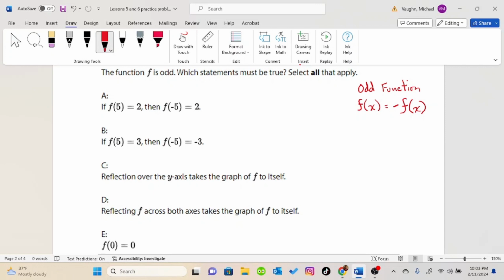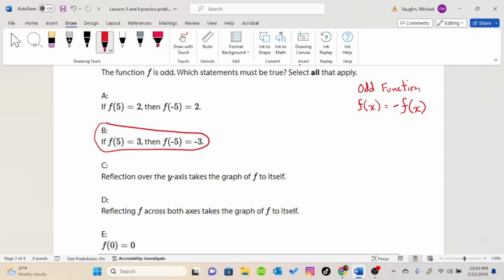Here, if f of 5 equals 3, then f of negative 5 equals negative 3 is the correct way to explain an odd function. They're going to have opposite values when we change to the opposite x.